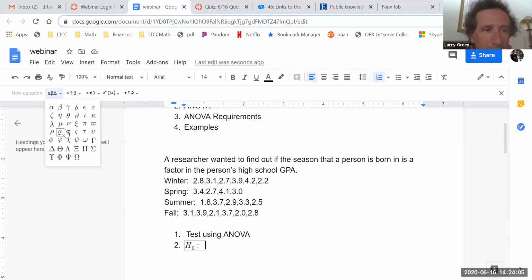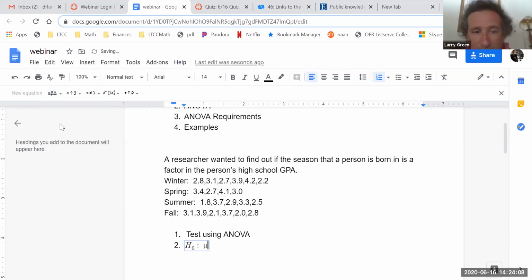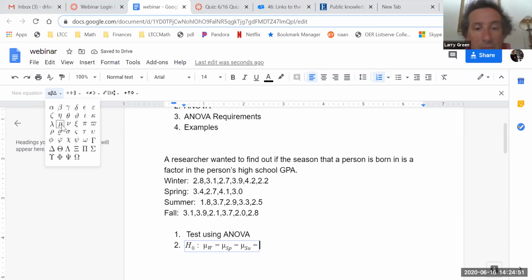So what I'm going to now write is mu sub W equals mu sub SP for spring equals mu sub SU for summer equals mu sub F for fall.